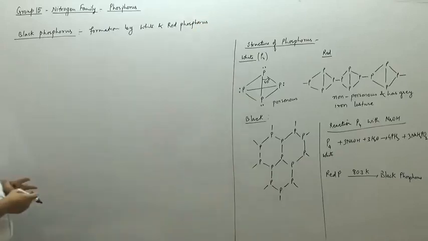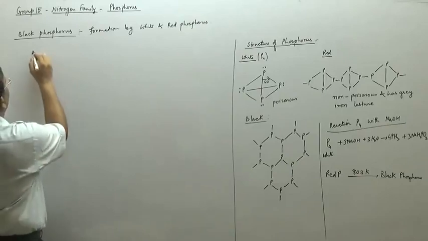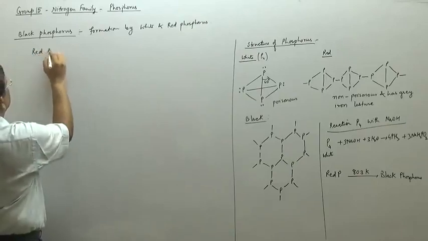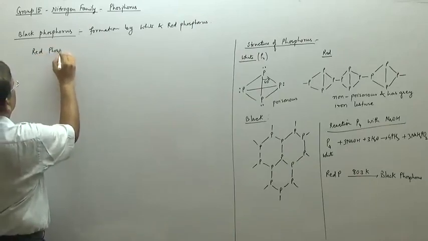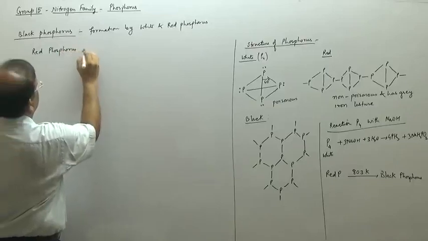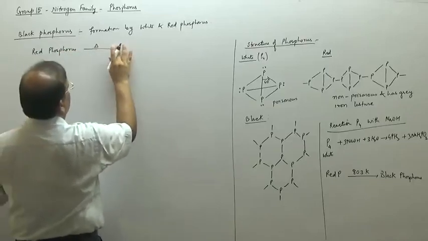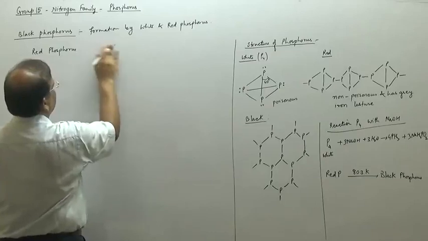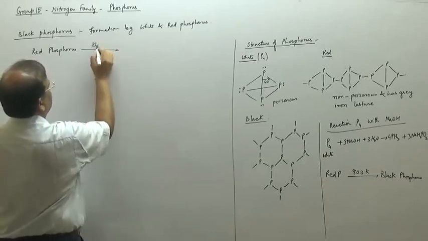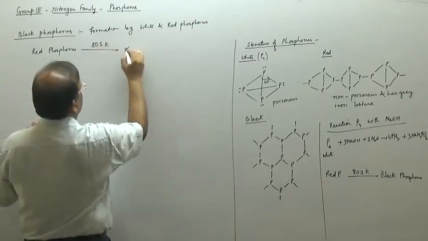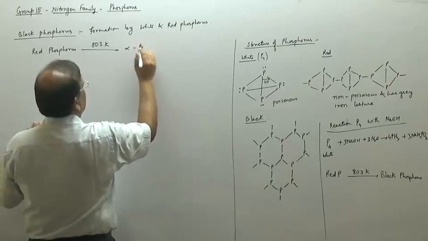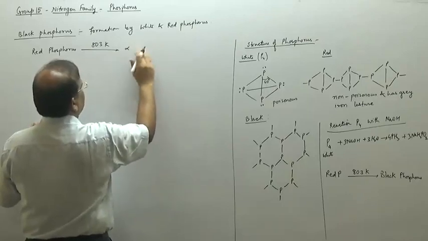So we can write like this about the black phosphorus. When the red phosphorus is heated at 803 Kelvin, we get alpha black phosphorus.